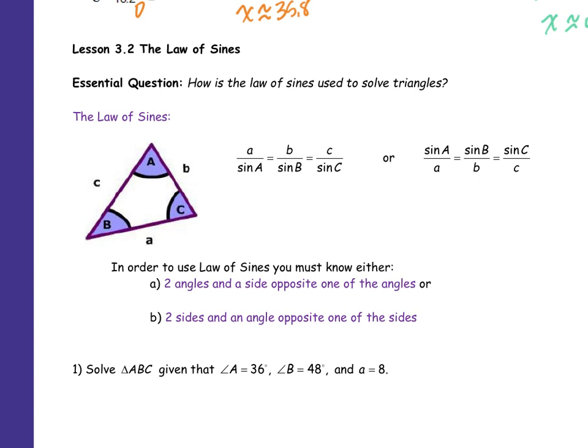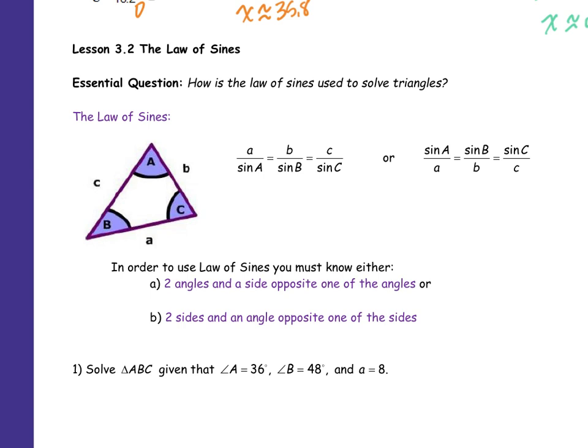So the law of sines says I can write it either way. There's two different ways I can write it. I can write it as little a, which is side A over sine of A, equals side B over sine of angle B, equals side C over sine of angle C.